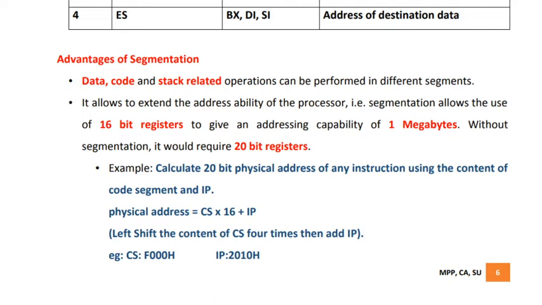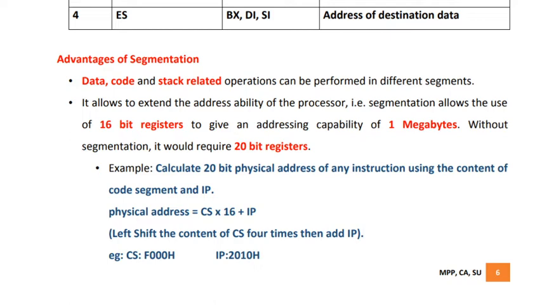So here we need to create a 20-bit physical address representation of an instruction using the content of the code segment and instruction pointer. As I've said, the code segment register stores the base address of the code segment, and IP is used as an offset or displacement with respect to the code segment register.